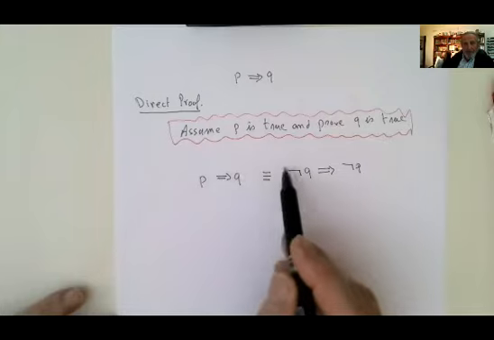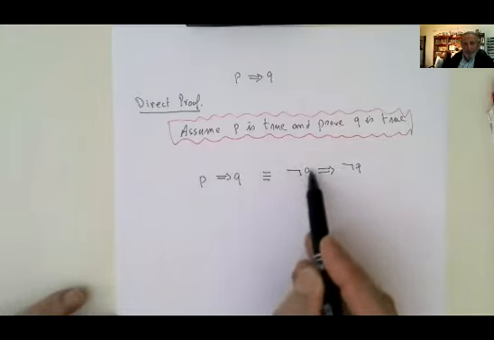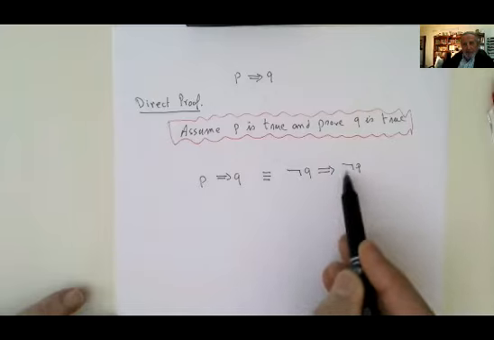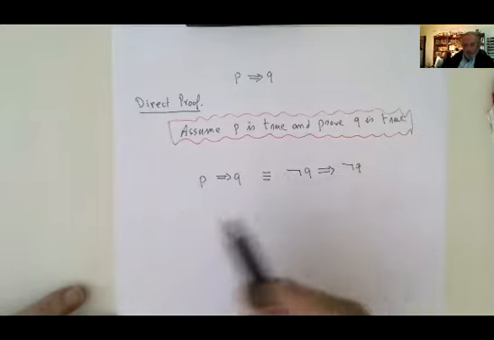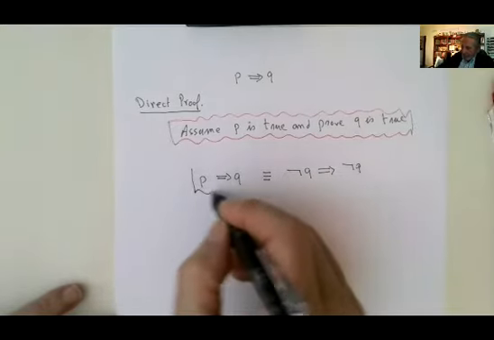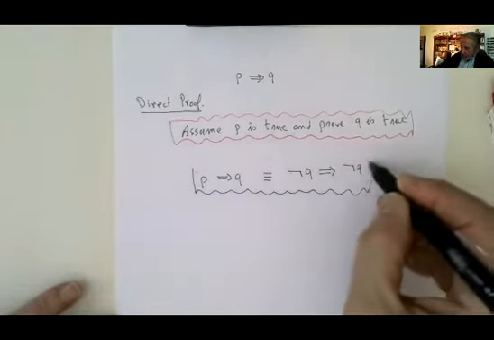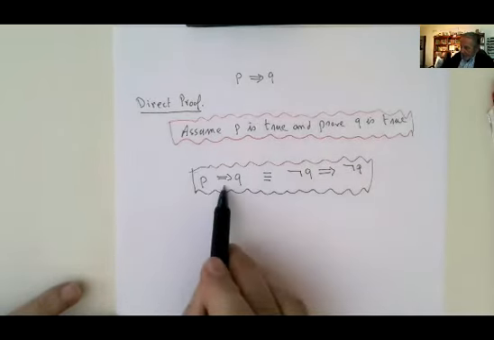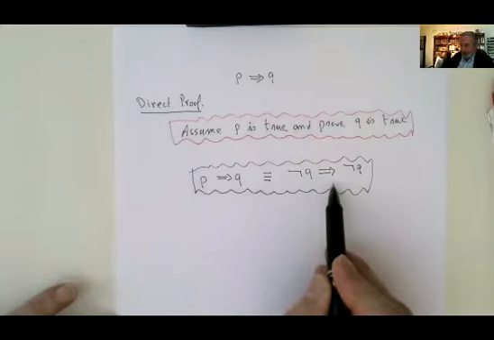But if I don't live in the United States, then I don't live in Ohio. See how that works? So that's important to remember. That's what we're going to be using in indirect proofs. So instead of proving this, we will be proving this instead.